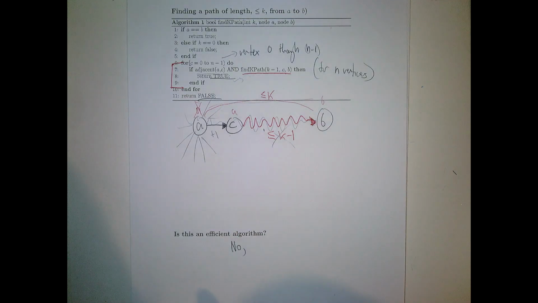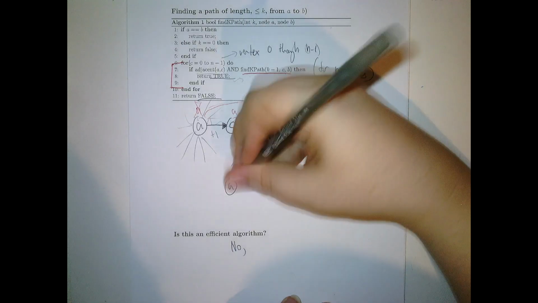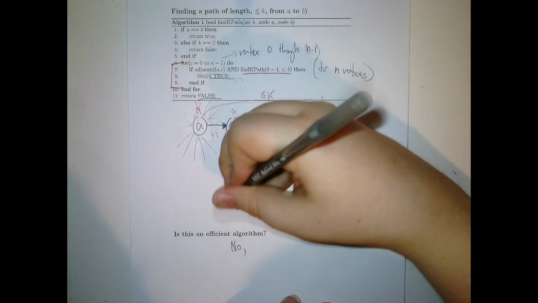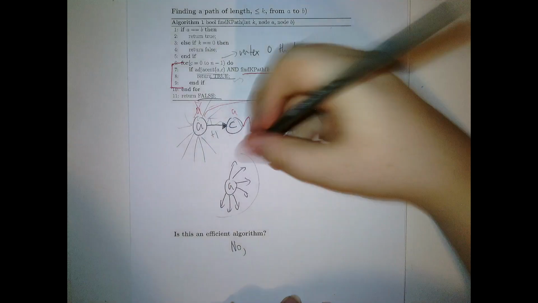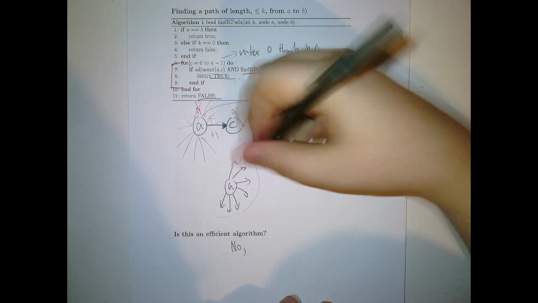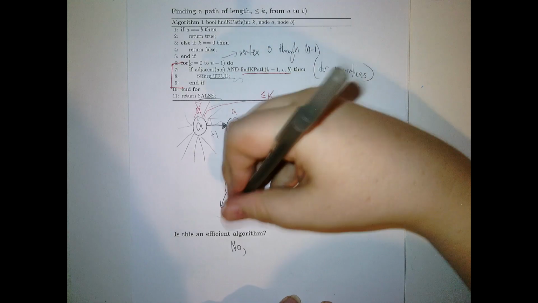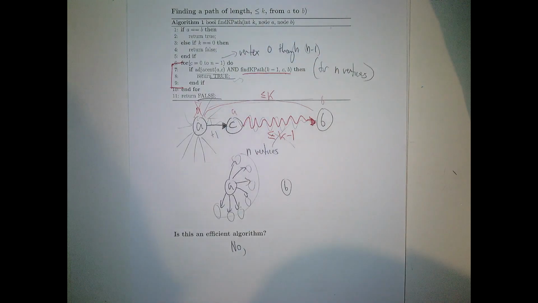So if we're thinking about the runtime of our algorithm, from some location A, how many locations can I explore from it? Well, if there's n other vertices, worst case scenario, I explore all of them, or maybe all of them but B, right? Because if I get to B, I'm done.